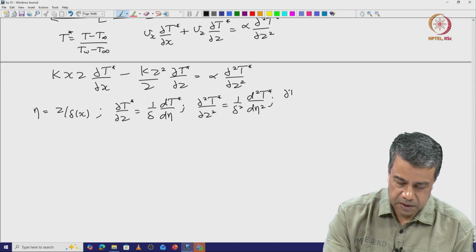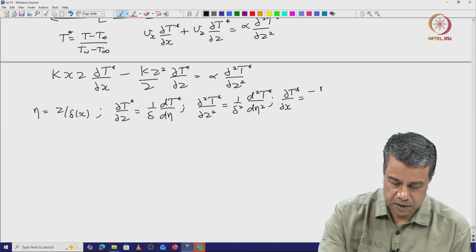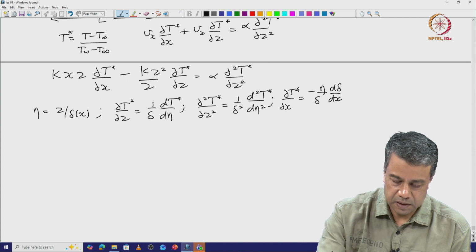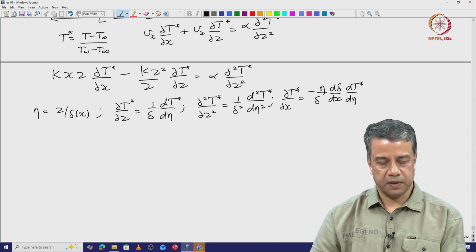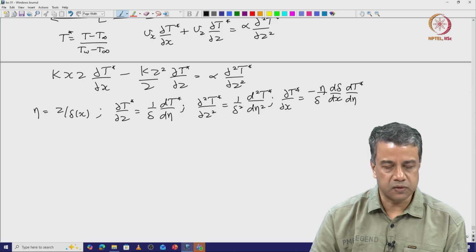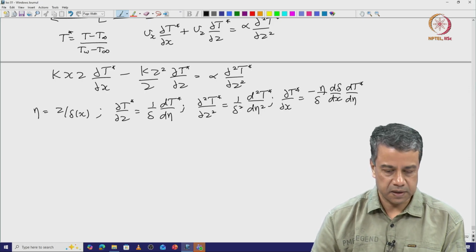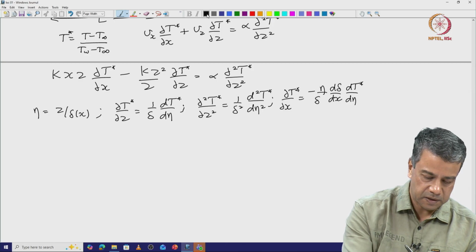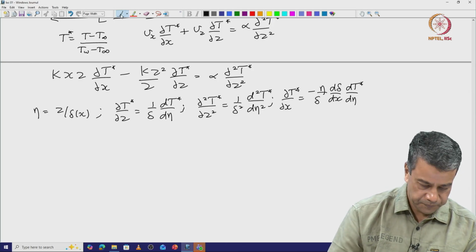And partial t star by partial x is equal to minus eta by delta d delta by dx dt star by d eta. These we all derived by differentiation by chain rule in the previous lecture. The same definitions apply here.